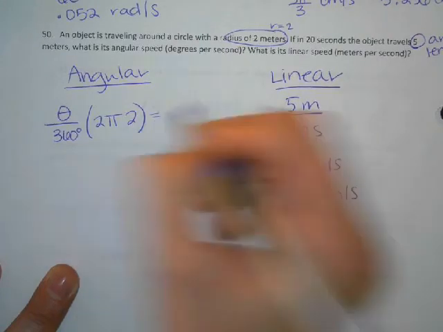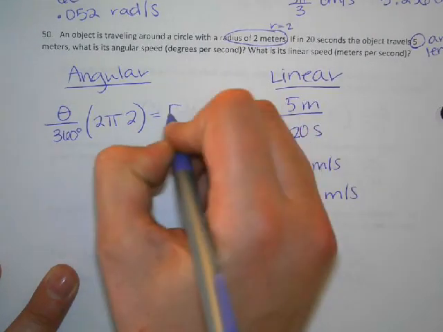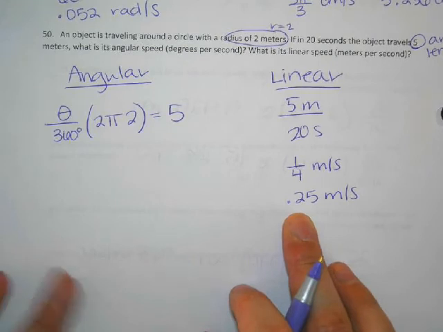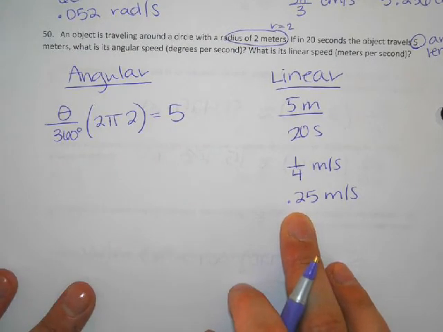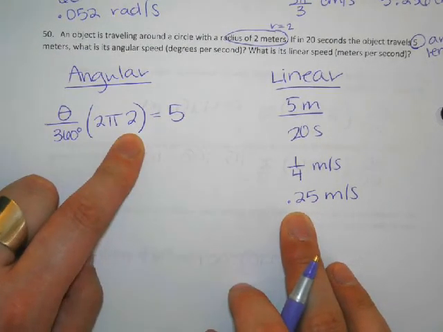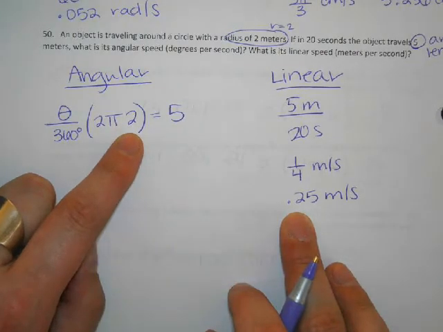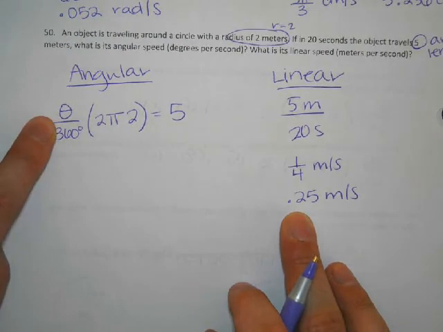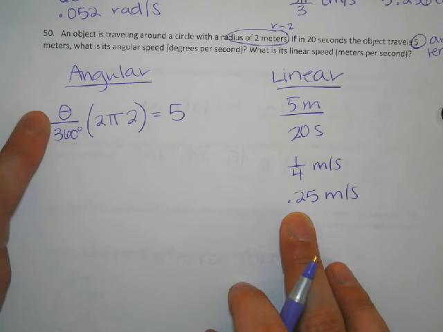And what does our arc length equal? 5. So I filled in everything that I knew to the arc length formula, and that means the only thing I don't know is the angle measurement, so I can solve for that. That's going to be my unknown or my variable in this case.